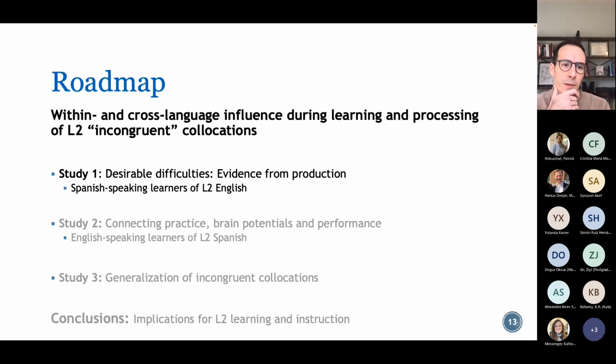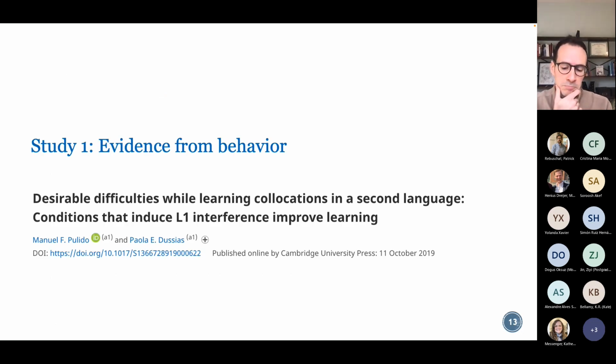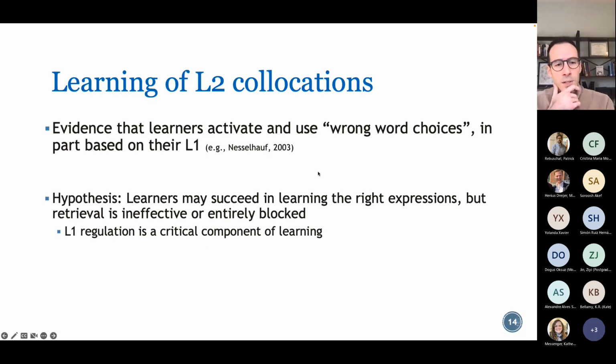So let me jump into the first study that's directly building off this idea and exploring the suggestion that there might be a desirable difficulty in training lexical learning and specifically collocations in a second language in conditions where interference from the first language may be particularly prominent or high.